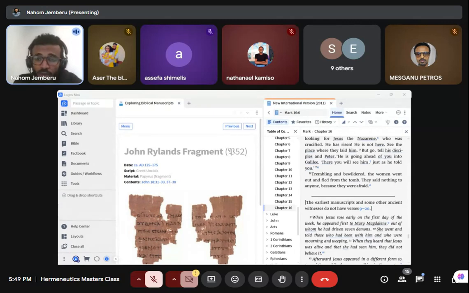Textual criticism pretty much tries to do this. It consults all ancient manuscripts. As you know, these manuscripts can be papyrus, and some are on parchment, and it tries to reach a static text that is as close as possible to what the biblical writers might have actually written. So this is what we call textual criticism.